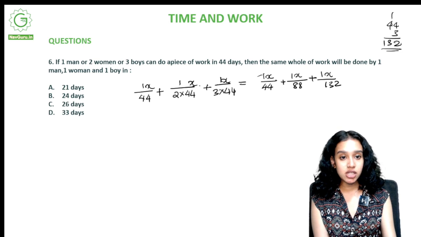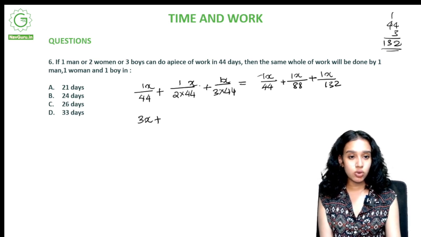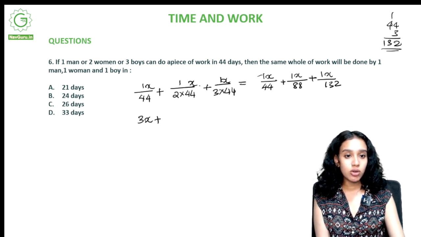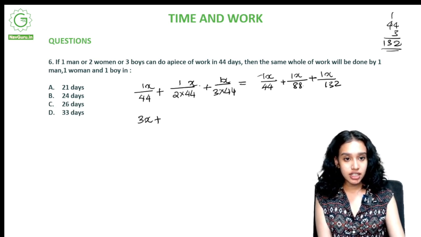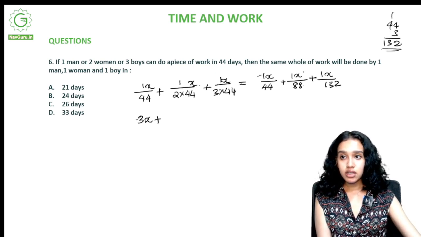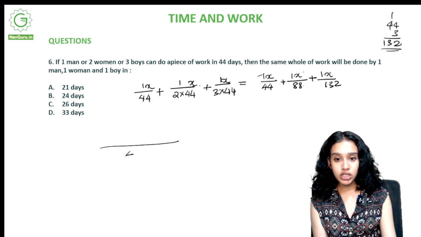So we'll multiply this by 3, we'll get 3x plus this into 88 into, we have 44. Okay, let's do one thing, let's make every denominator 44, right? So let's divide both the numerator and denominator by each of the values to get the denominator as 44.